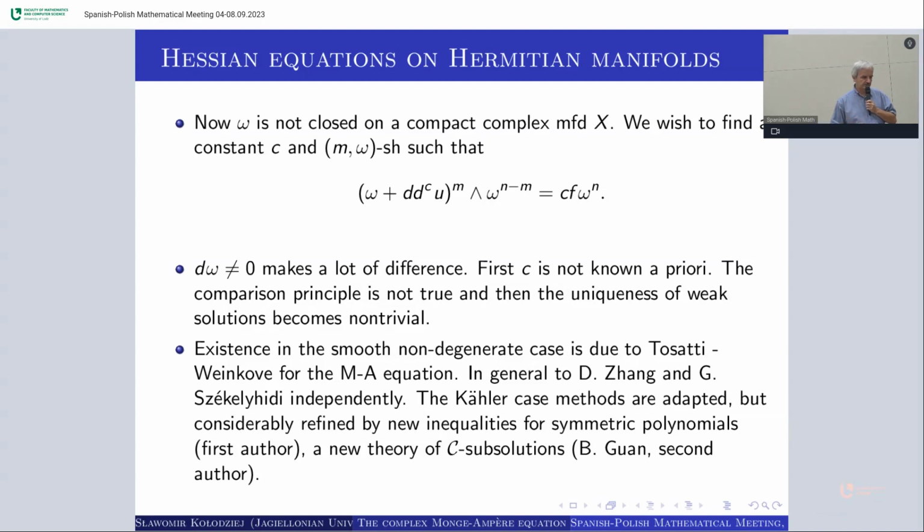And so they adopted the method from the previous slides, but also had to do some extra work. So Zhang had to prove some new inequalities for symmetric polynomials, and Székelyhidi extended the method of Guan of so-called subsolutions. I will not go into this because it's a bit technical.